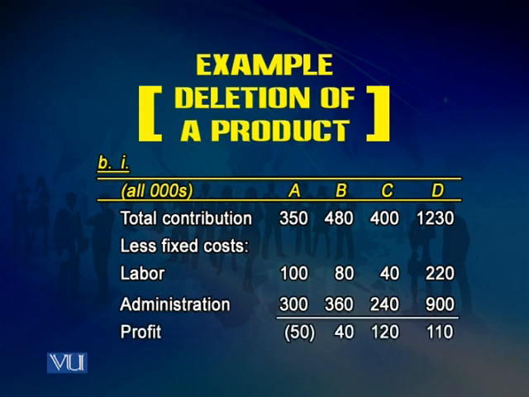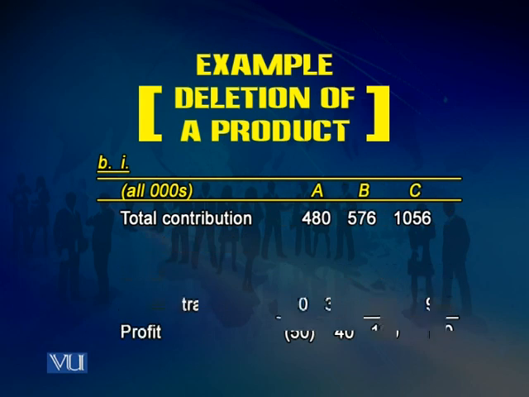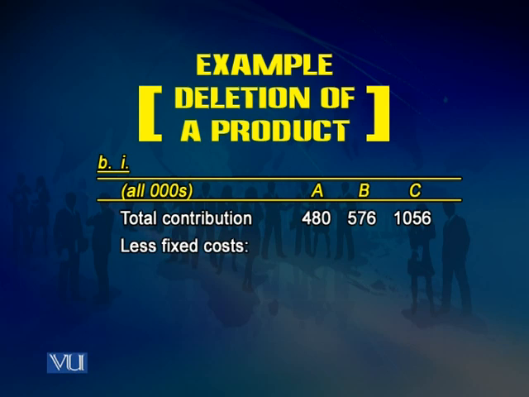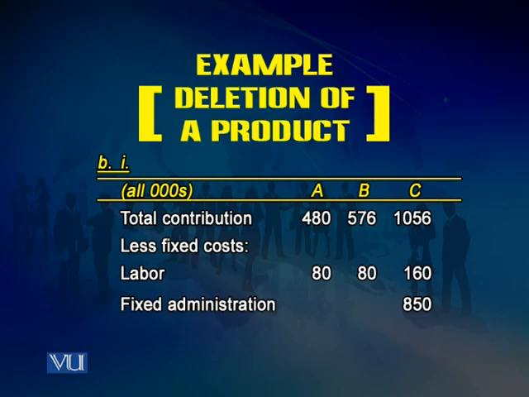So on the total contribution basis, A gives negative contribution or negative profit of 50, B gives 40, C gives 120, total of 110. Looking at the information without product A, we will find total contribution for B and C as 1056, less fixed costs of labor of 160,000 and fixed administration costs of 850 to give a profit of 46.